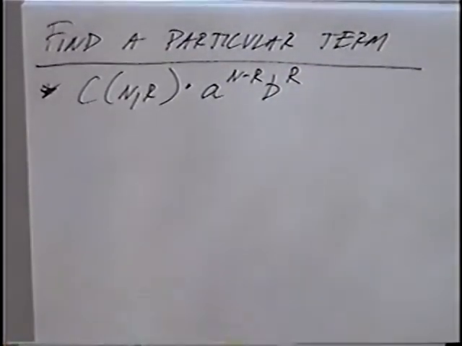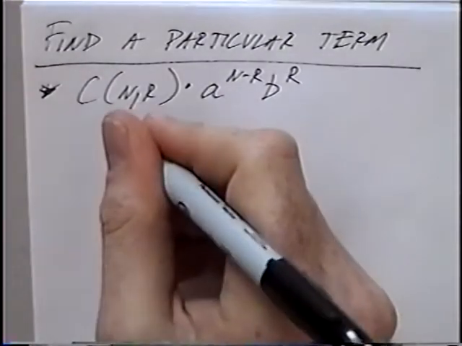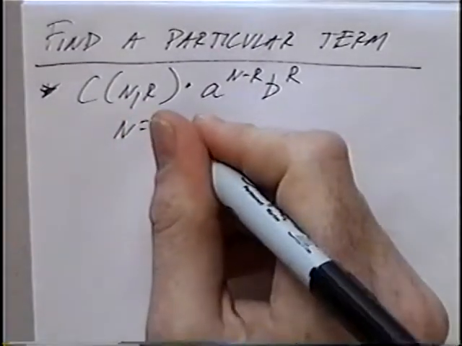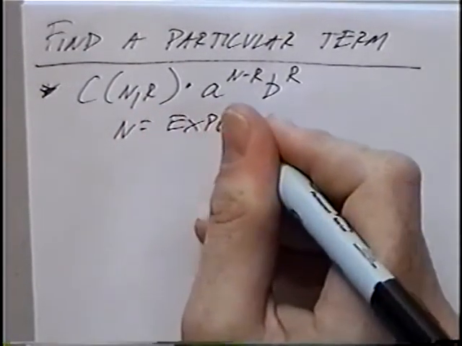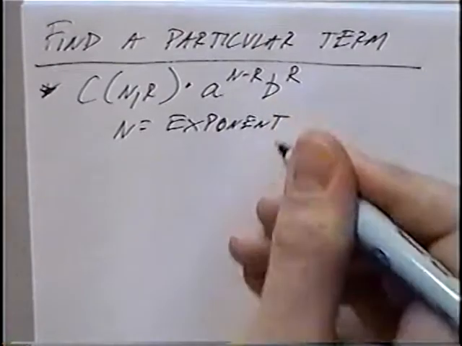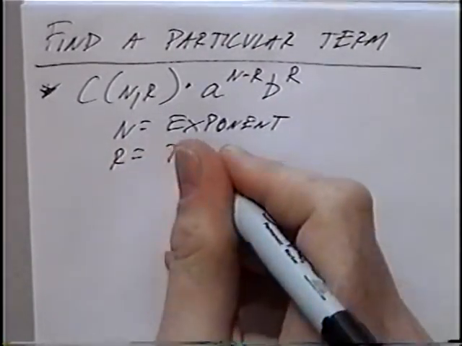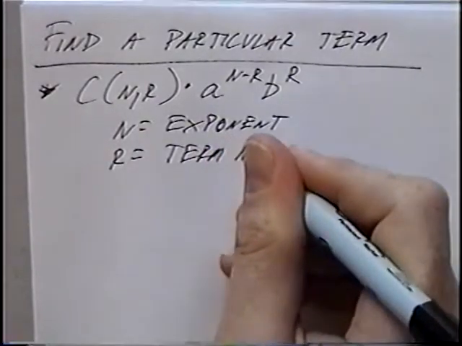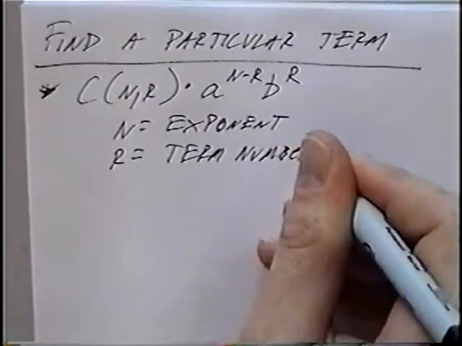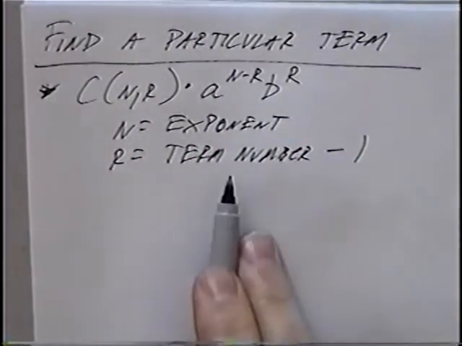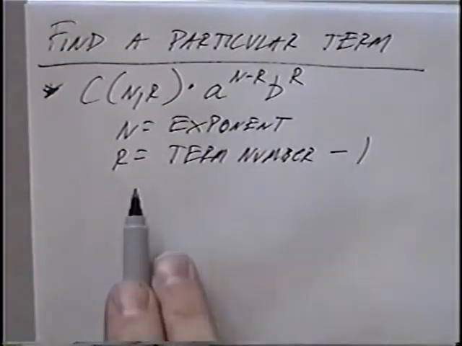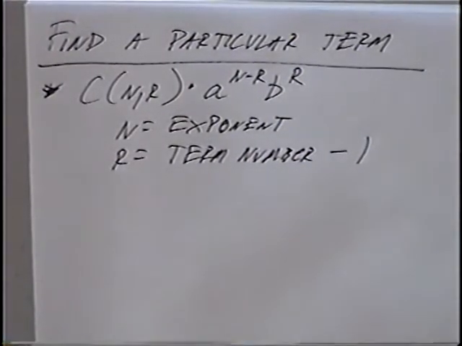Combinations we did in the previous chapter, the probability chapter. The two variables on this one, n is equal to the exponent, which will be given in the problem, and r is the term number minus 1. So whatever the term number is, take 1 away from that, and that's what r would be.